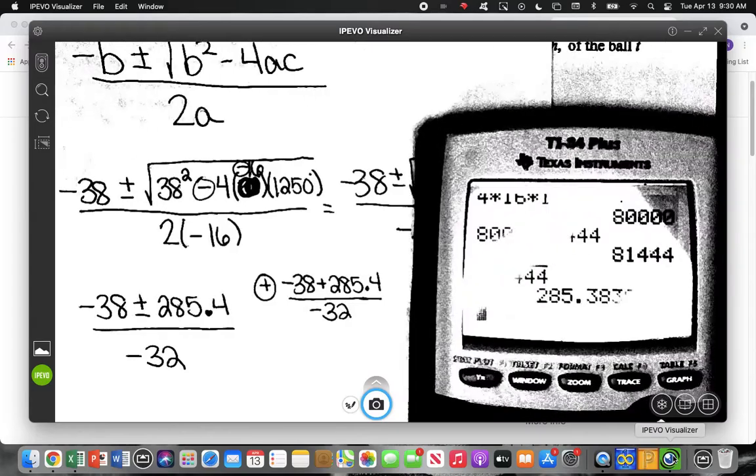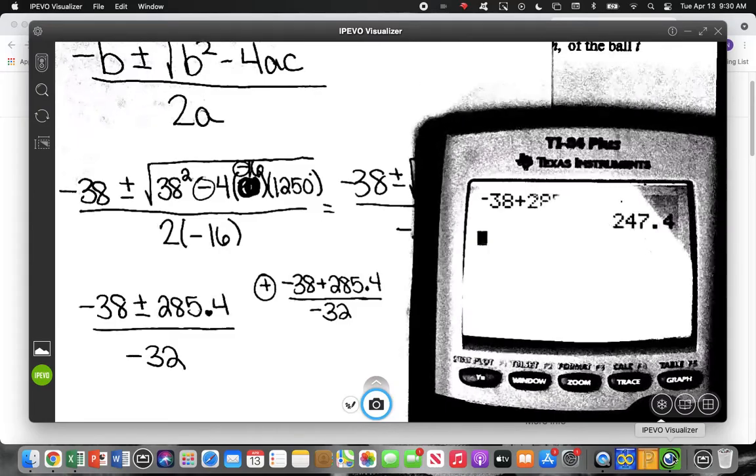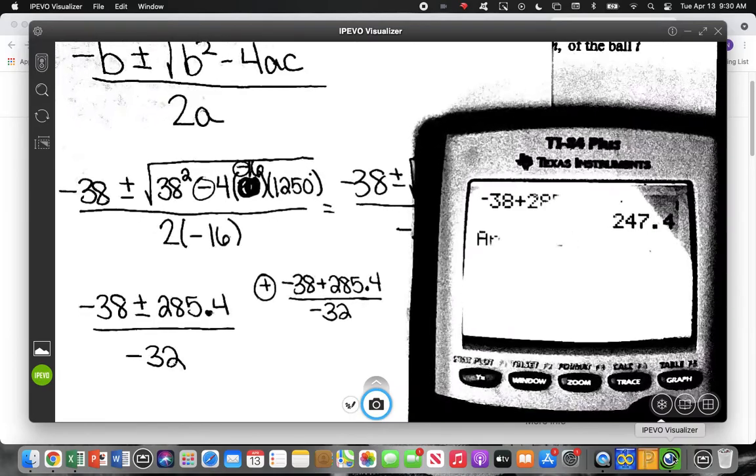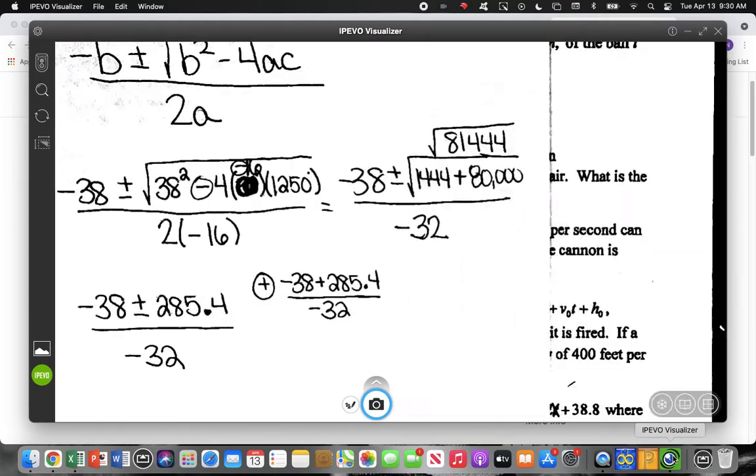Let's see. Negative 38 plus 285.4 is 247.4. And if I divide that by negative 32, it gives me an answer of negative 7.7.